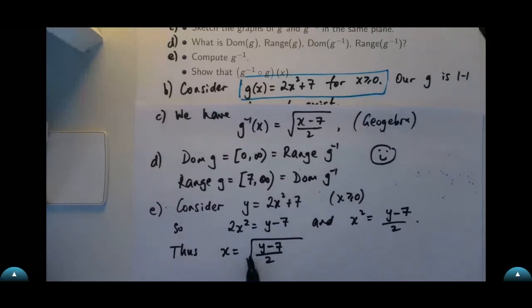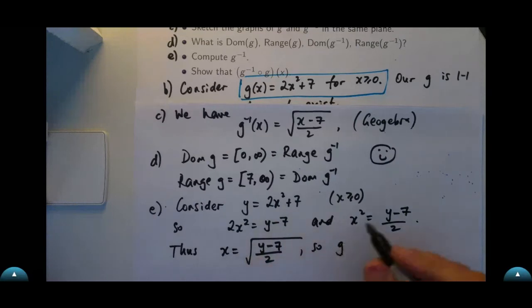Now, why do I want the positive square root there? Because you could have a negative square root. It's because of that. I know that x can't be negative. Okay? So now what we do, we just redo our notation, replace y with x.